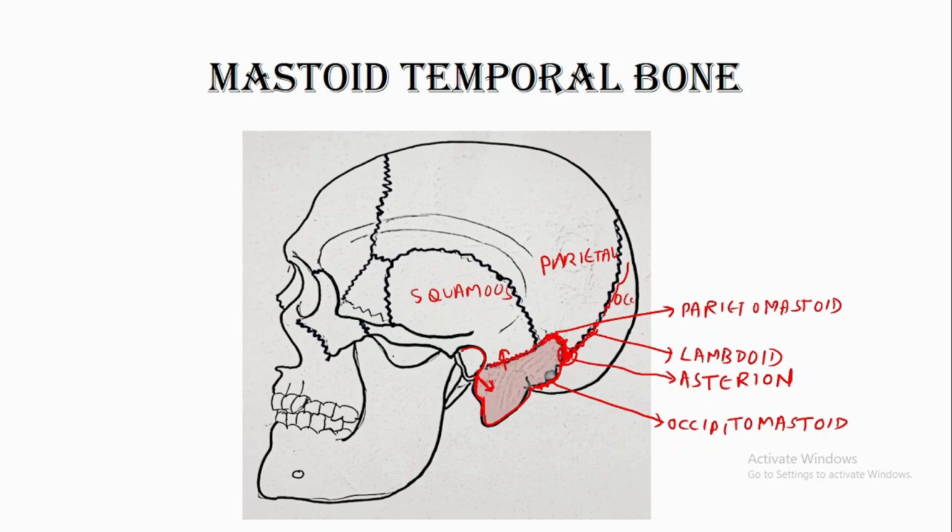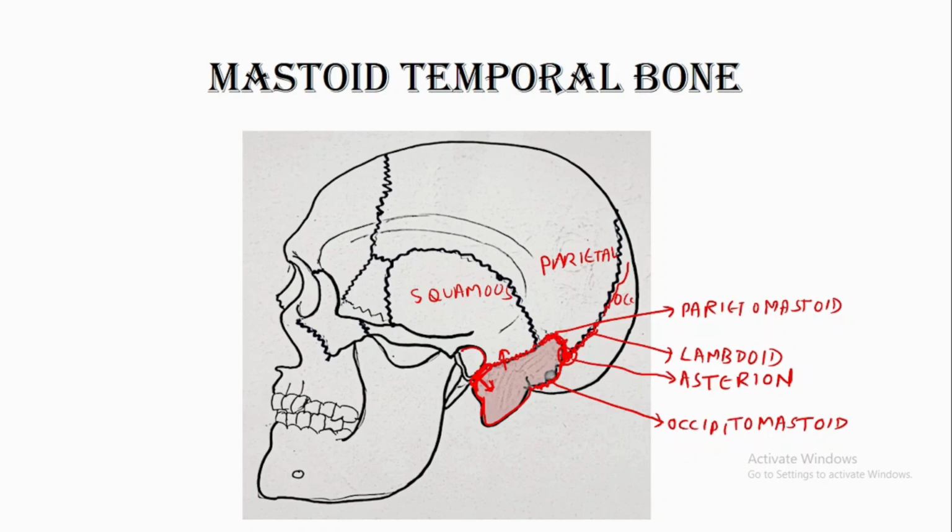Then in the anterior aspect of the base of the mastoid process, between the tympanic plate and the mastoid temporal bone, there is a fissure which is called the tympanomastoid fissure.